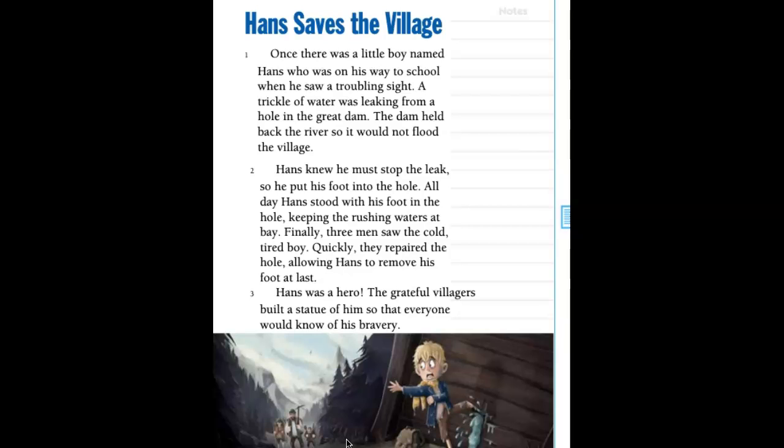And then we are going to, on the sticky note that is in our work that we're going to turn in, you are going to identify all the words that you possibly can in this story that end in ER. So we're going to look for all the words that end in ER. So let's hop on over and see what I'm talking about.